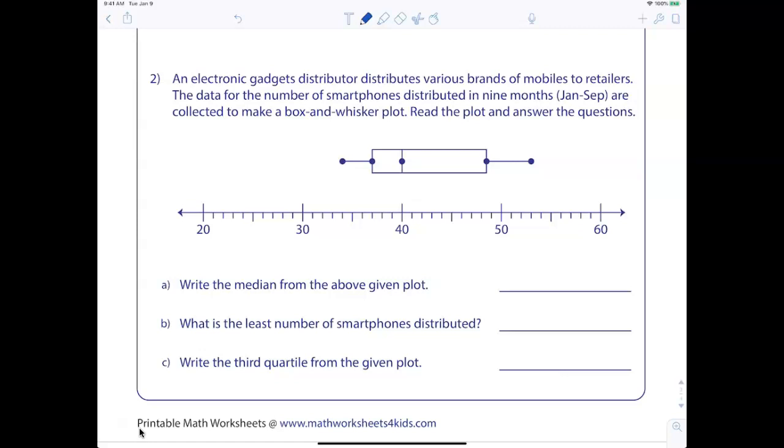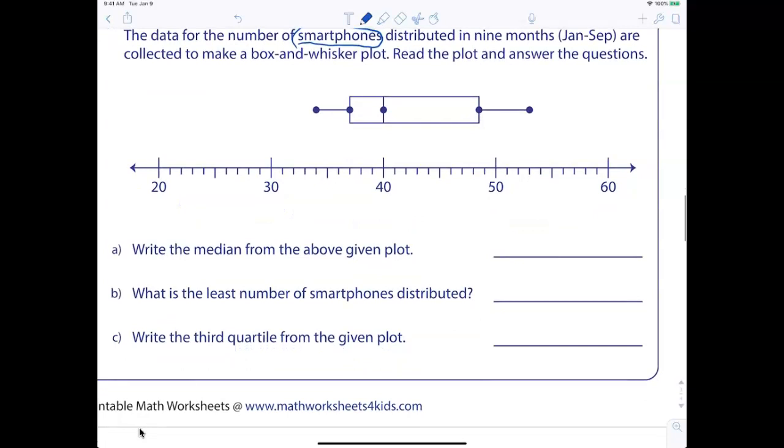The data for the number of smartphones distributed. So what are they distributing? Smartphones. Does everybody agree with that? So what's the median? Tell me, Gray. 40. I'm agreeing with you. Now again, I don't just want 40. I want 40 what? Smartphones.